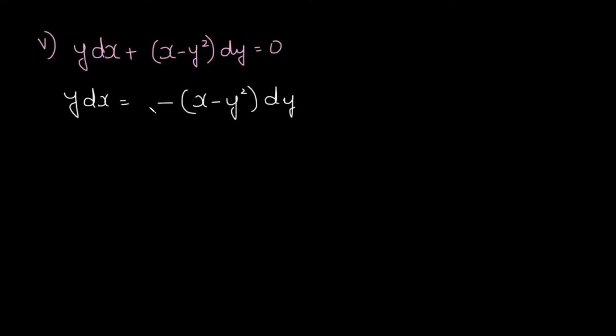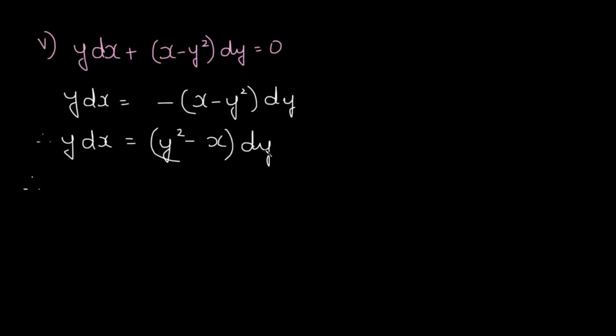Then we rearrange these terms and change the sign throughout. So when we open the bracket, it becomes y square minus x dy. Because of the minus sign, x becomes minus x and minus becomes plus, so y square becomes positive. So thus we get this particular term.